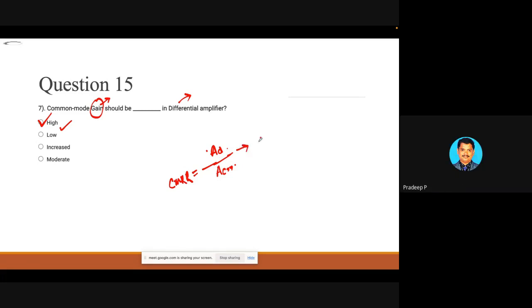High or infinite. Or it should be high. Ma'am, common mode gain getting very high means that CMRR value tends to zero, which indicates the differential amplifier is not working as a differential mode signal.